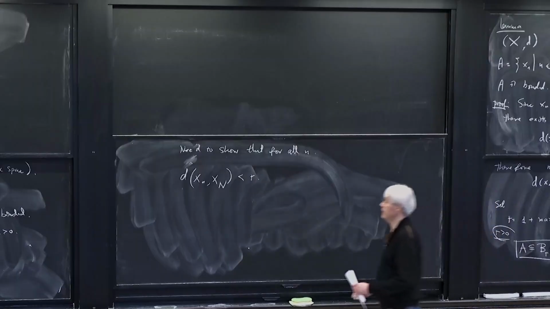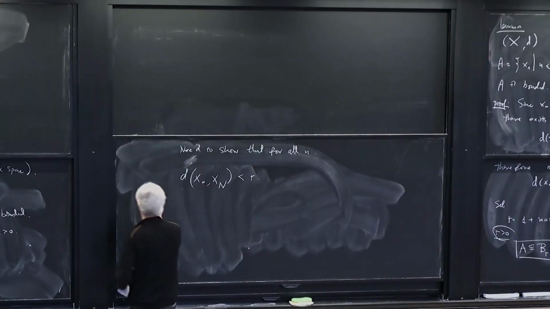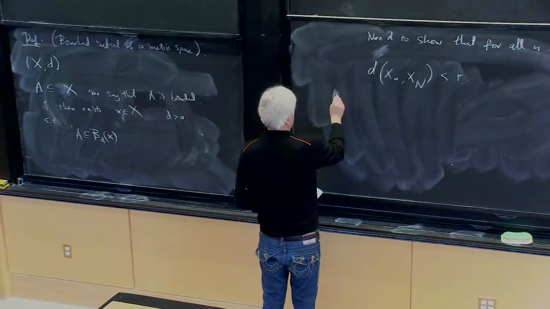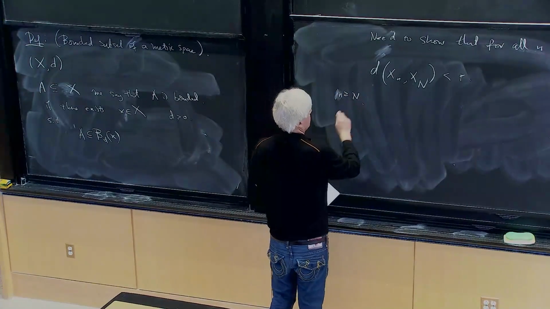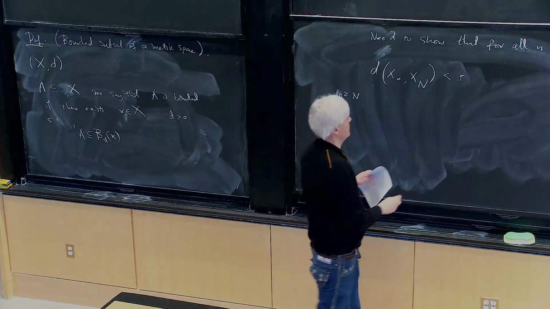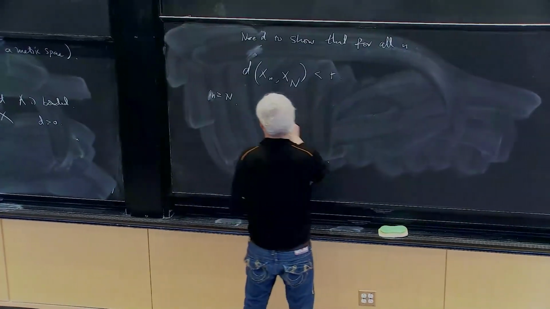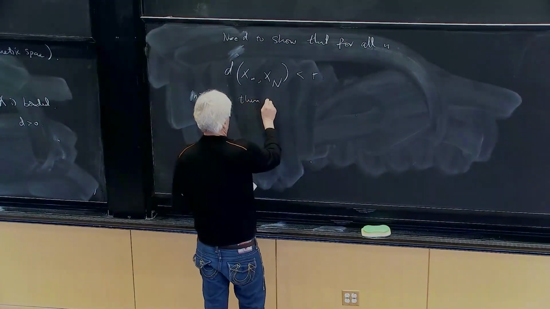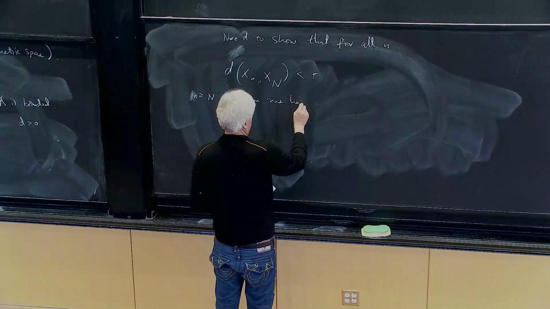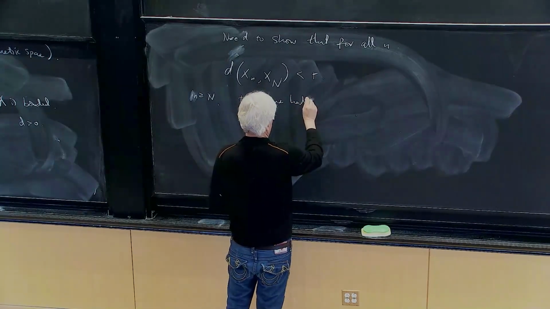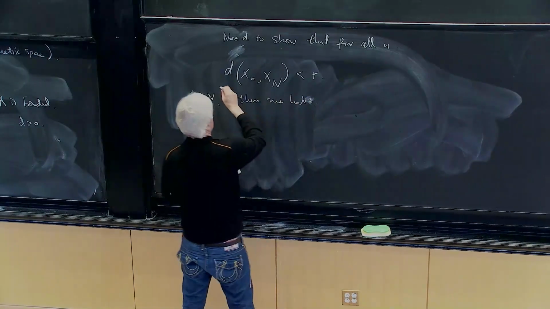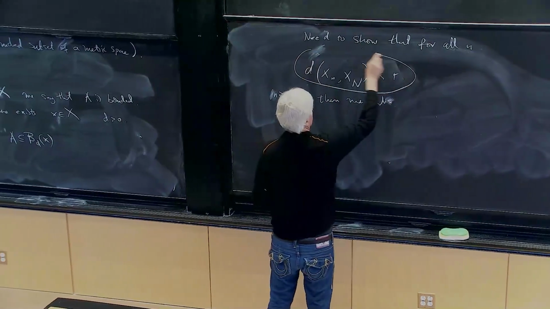But you see that if little n is bigger or equal to capital N, so we need to show this in here.